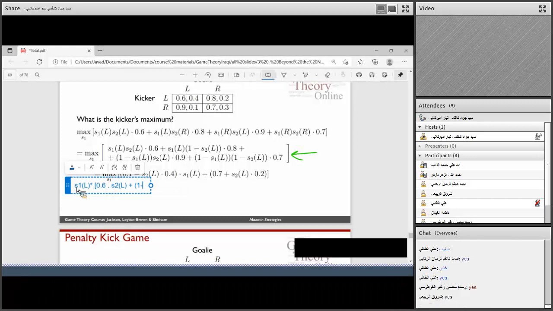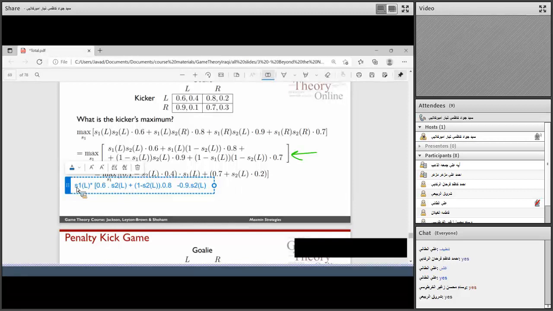There's 1 minus S2 of L times 0.8. What else? There's minus 0.9 S2 of L. What else?